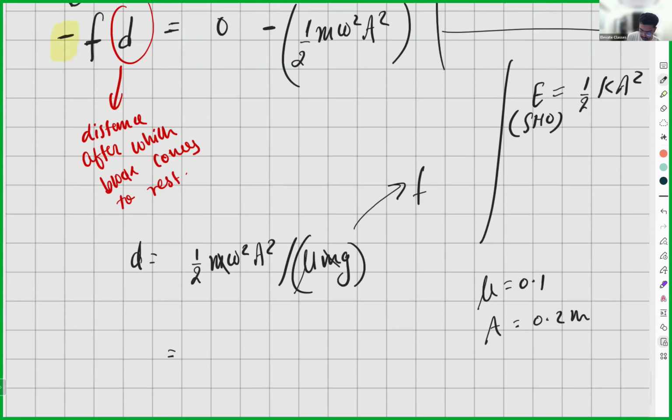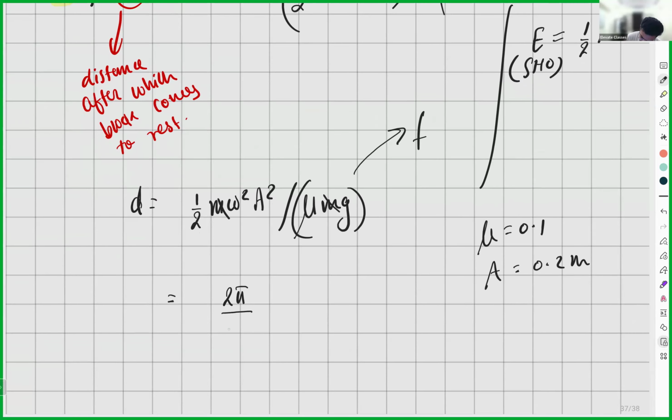So this is 2 pi into 10 hertz, square, and there's a 2 in the denominator, and 0.2 square. So this is 0.04, divided by mu.